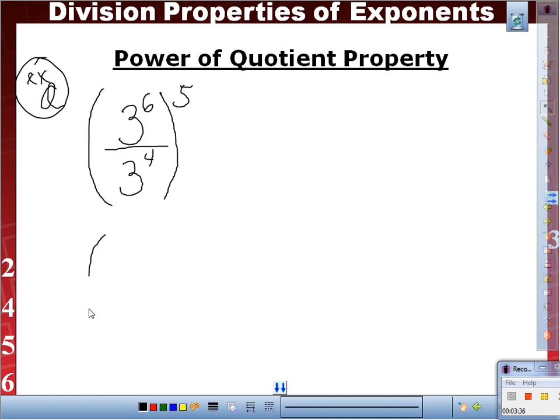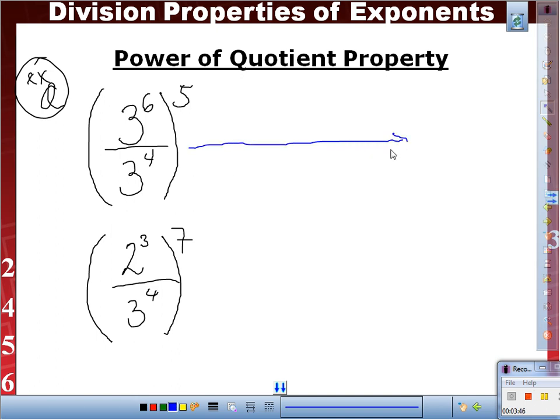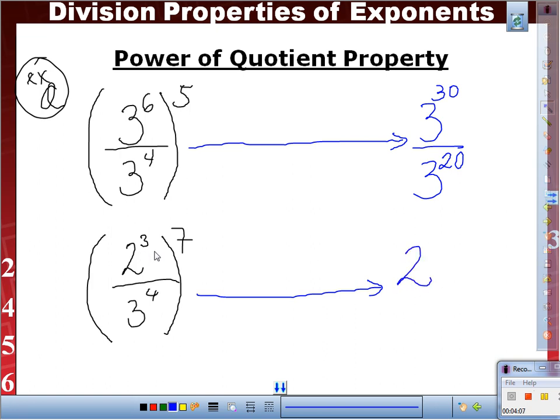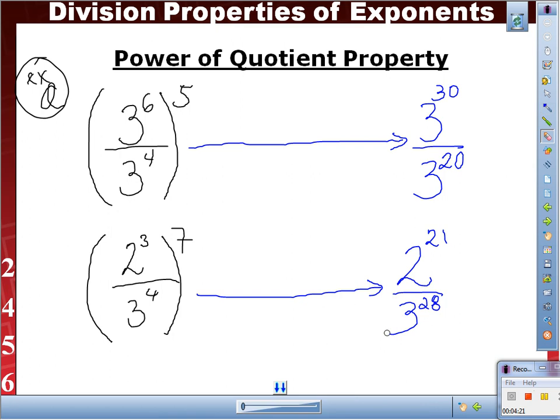I'm going to give you a second one. Okay, talk about you never let them know what's going on with the power of quotients property.